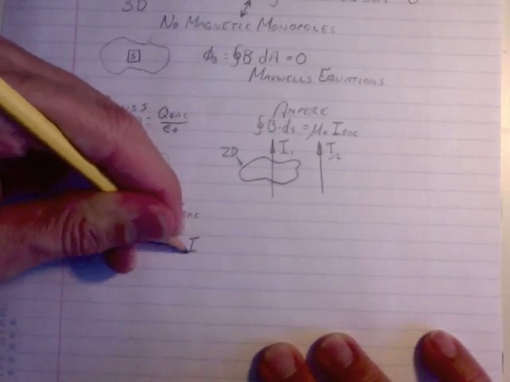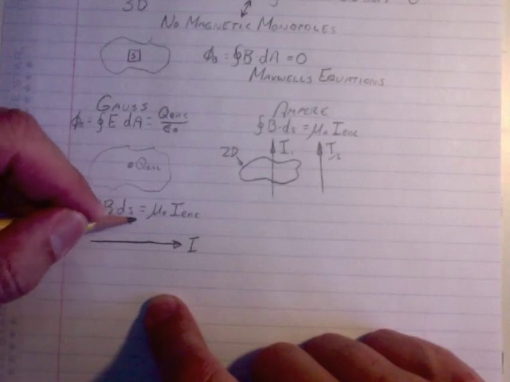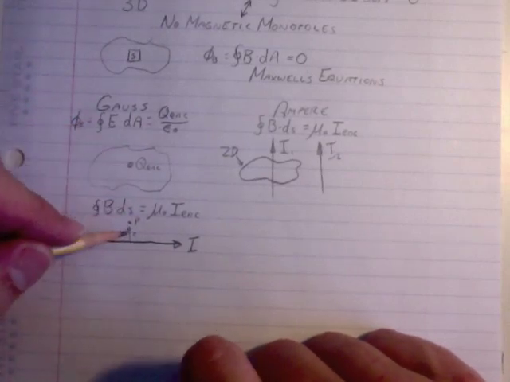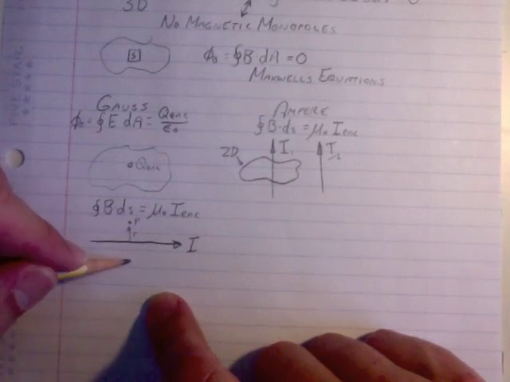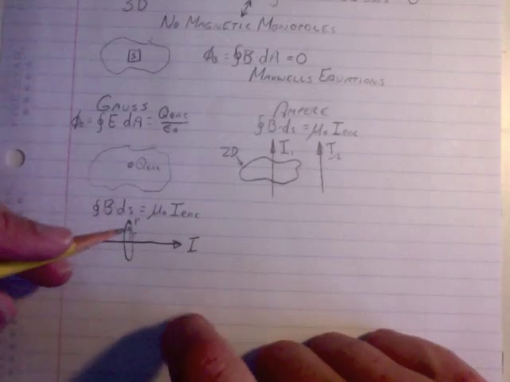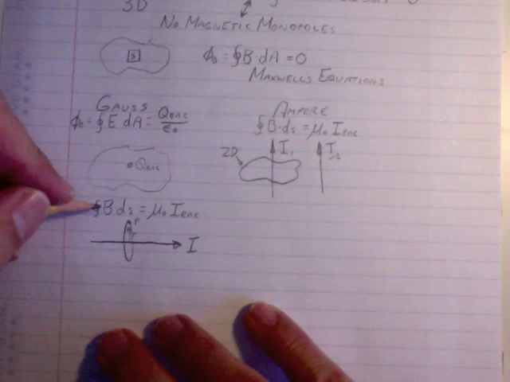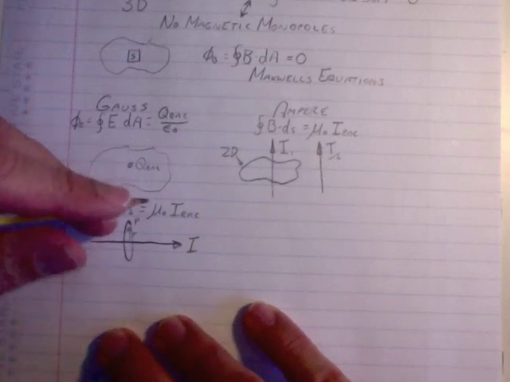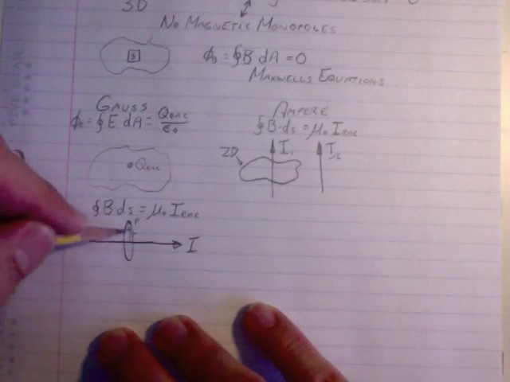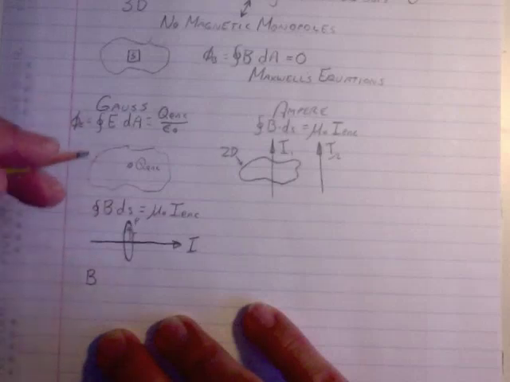Here's my I. And if I want to find the magnetic field at this point P, a distance r away, then all I want to do is draw a circle symmetric around I with a radius r. The integral of B dot ds anywhere around there, since it's uniformly distant from that current, that B is going to be a constant.